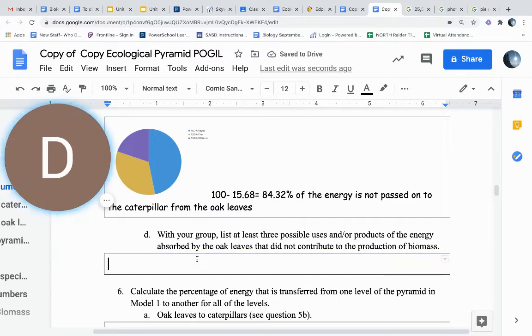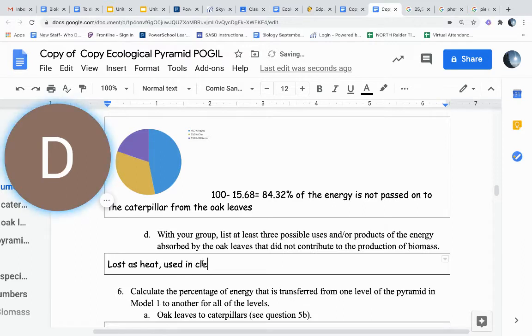Now, we have to think about some possible uses and or products of the energy that didn't contribute to the production of biomass. So I'm going to give you one example, and I want you to think about some other ones. We're not actually going to do this as a group, but a lot of this energy might have been lost as heat.